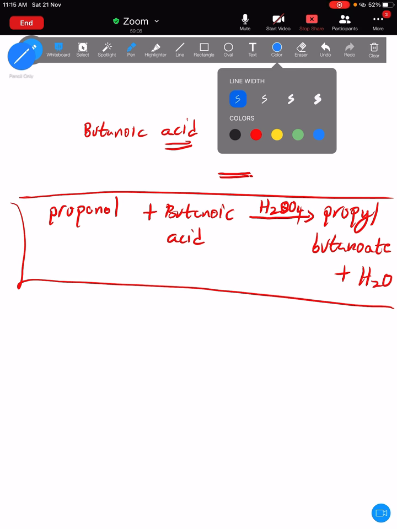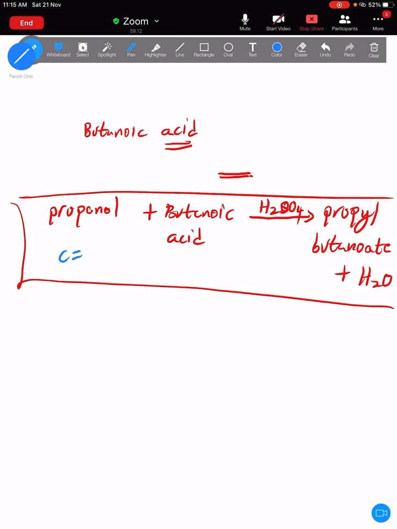Okay, let's look. Propanol, you have 3 carbon. So you just write it down, you have 3 carbon. Butanol, you have 4 carbon. I hope you still remember the formula. You substitute the formula accordingly. The general formula, CnH2n plus 1 OH, and CnH2n plus 1 COOH.